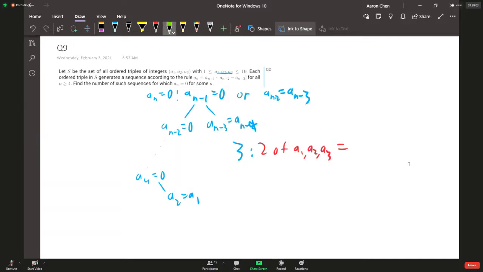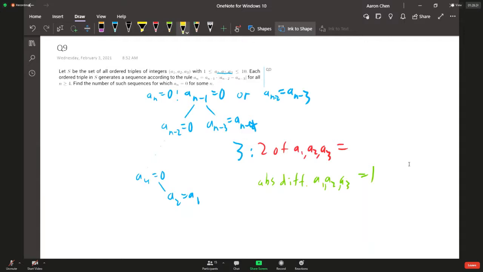And now another case is when the absolute difference between any two consecutive numbers of A1, A2, and A3 is equal to 1.